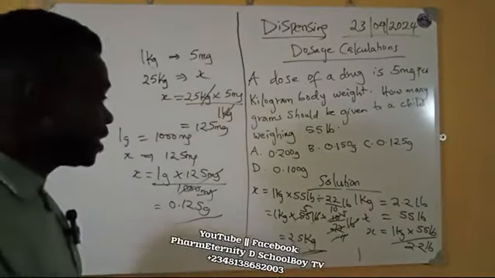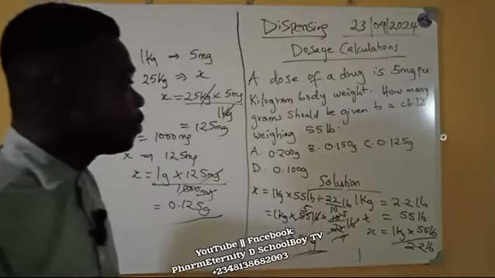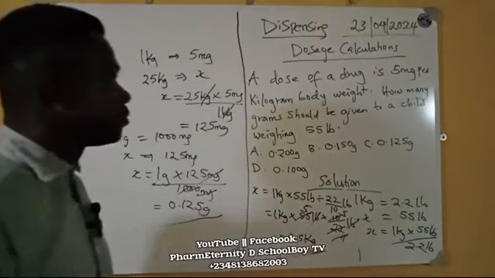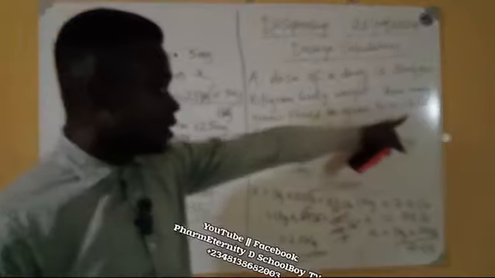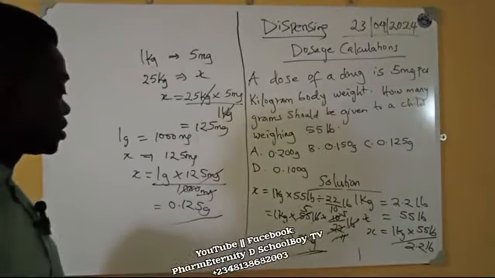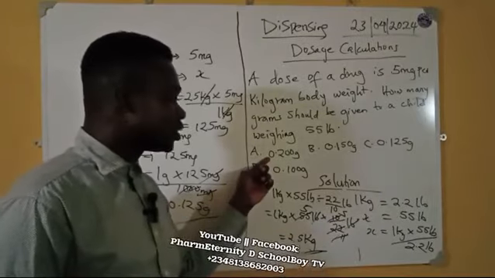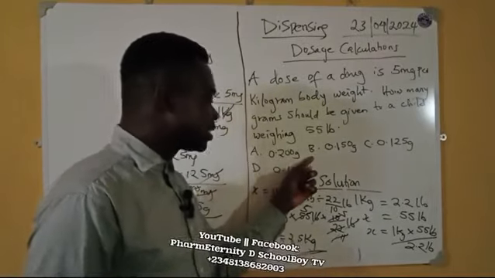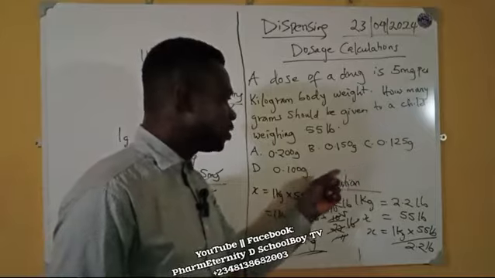So the patient will require 0.125 gram of the drug. So let's look at the options. Option A says 0.200 gram.